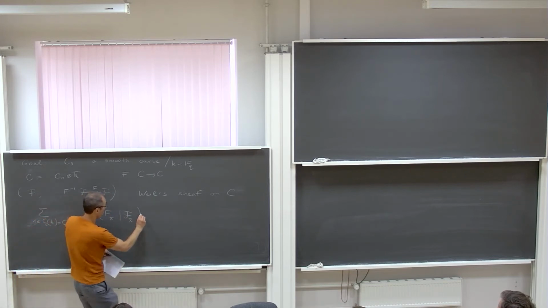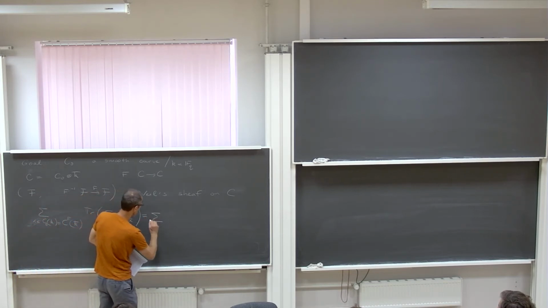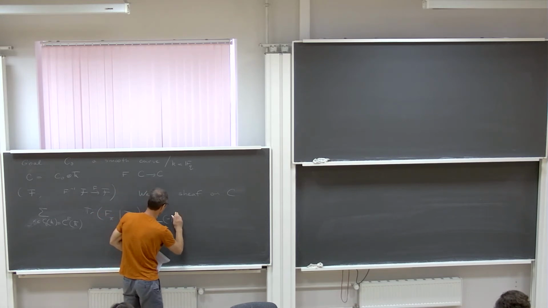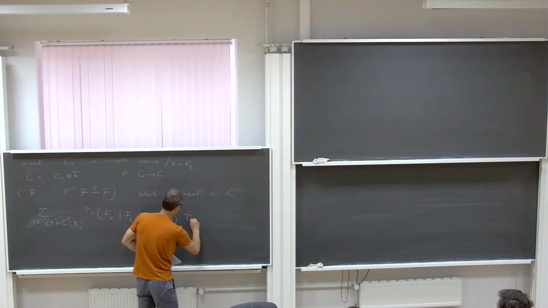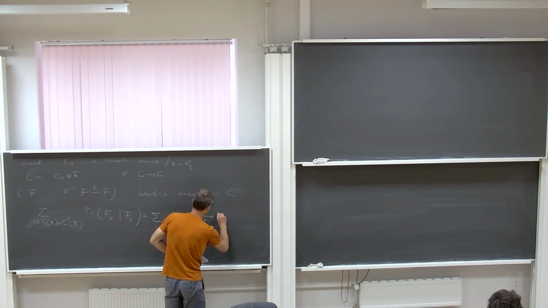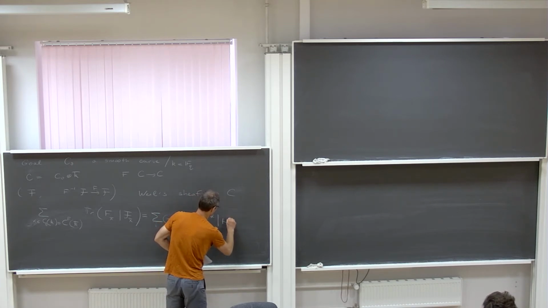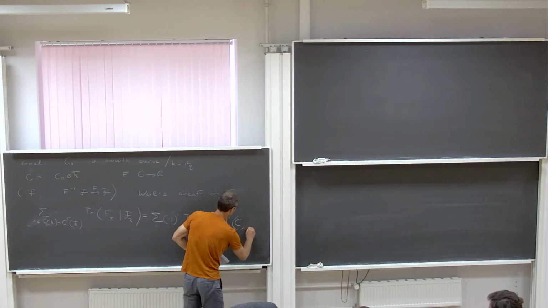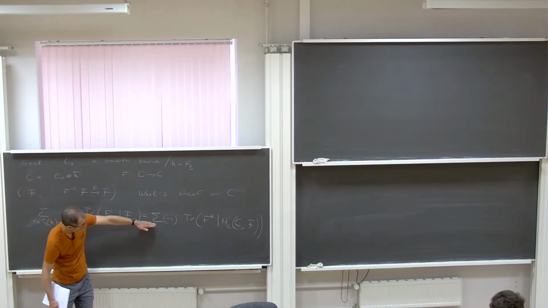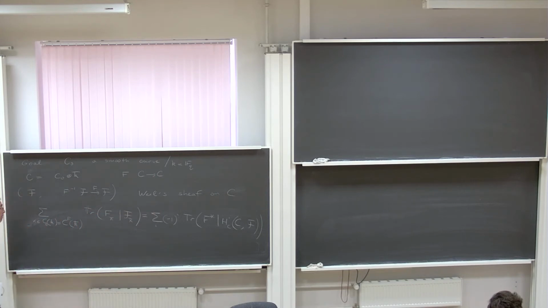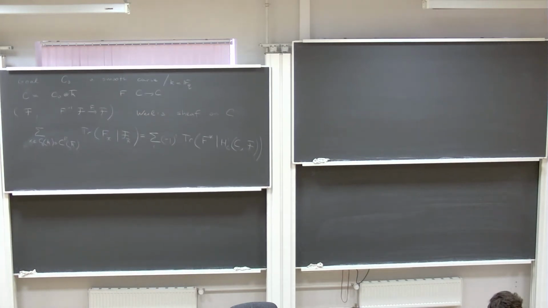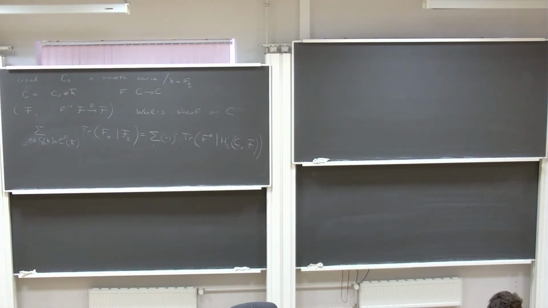And our goal is to show that this is the alternated sum of the Frobenius acting on cohomology with compact support of C with coefficients in F. Okay? So here the sum consists of 3 terms because H3 and higher cohomology groups vanish for curves. Okay, so that's our goal.